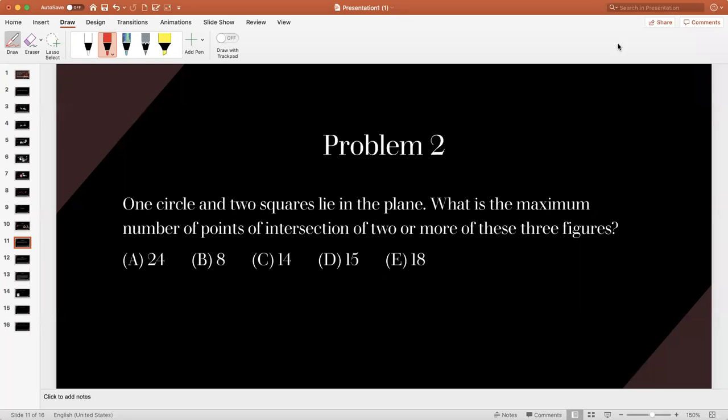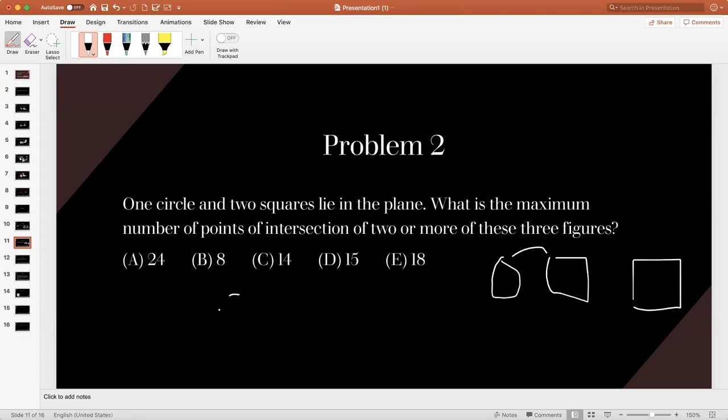Okay, so I'll start talking about the question now. In the question we have one circle and two squares right here. So we could split this question into casework. We start with one case: how many intersections between a circle and one square.